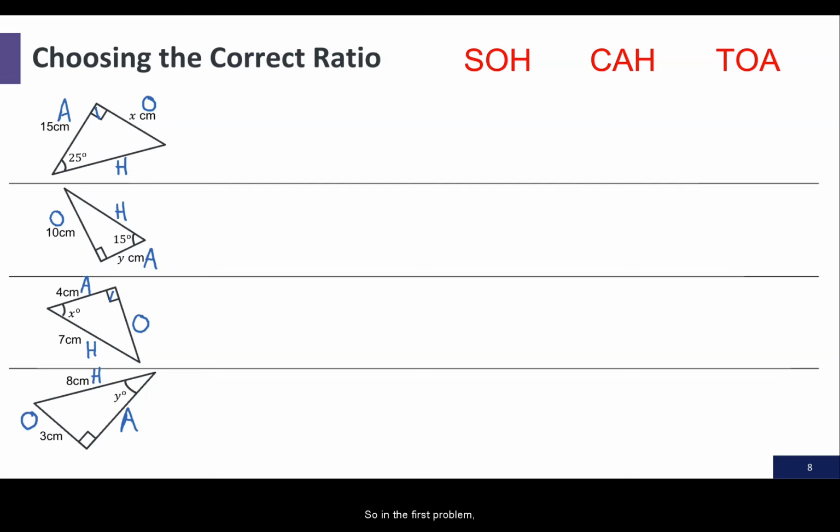So in the first problem, we are calculating the opposite, and we know the adjacent. So I'm looking at these acronyms here, and which one has the opposite and adjacent, or just O and A. And it's that one there, it's TOA.